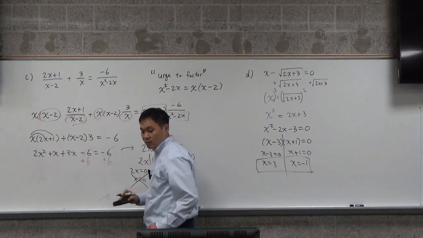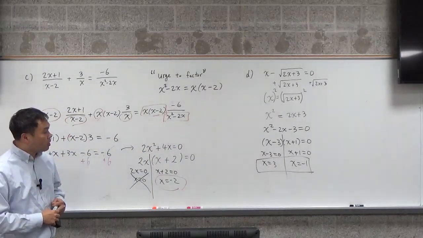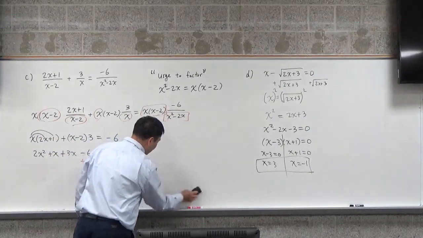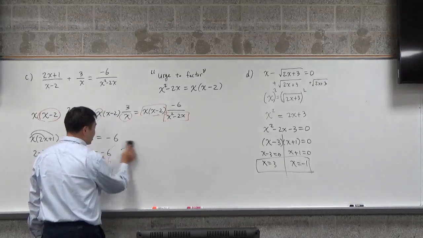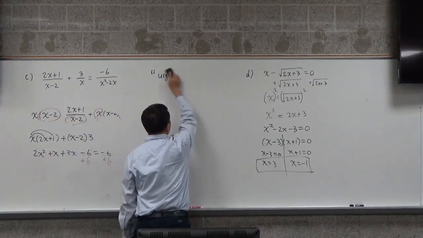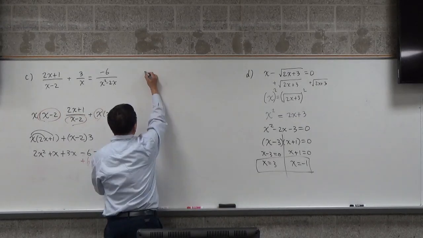Okay? So you have two solutions. Oh, but it's a square root equation. So you have to do something. What is that next something? You have to check, right? So let's do a check.